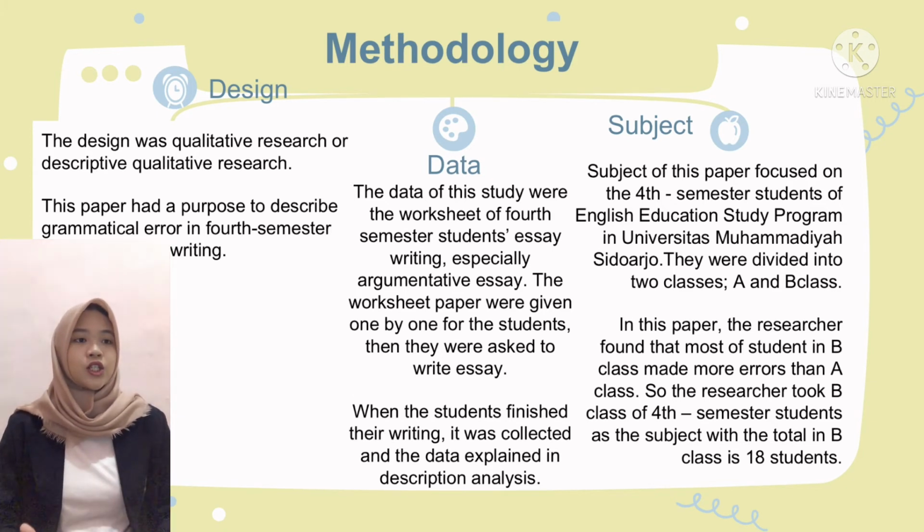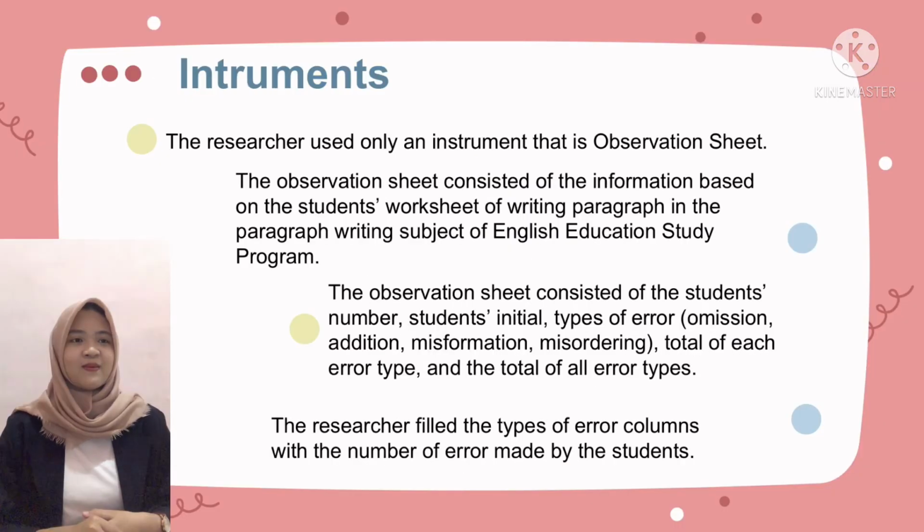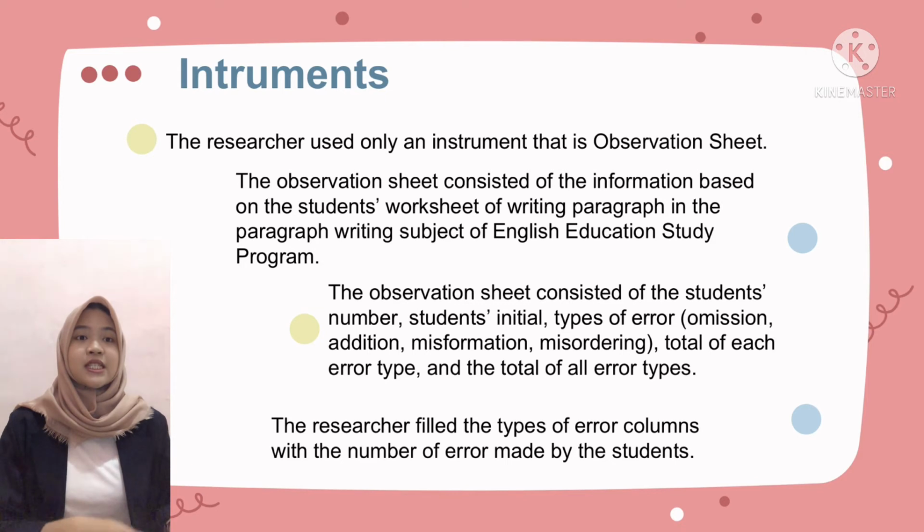So the researcher took B class of 4th semester students as the subject, with a total of 18 students. Alright, the researcher used only one instrument, that is the observation sheet.